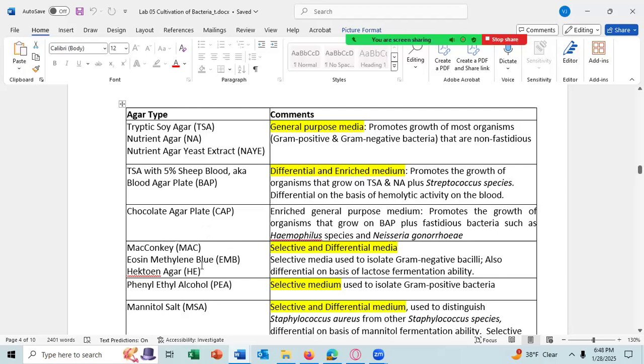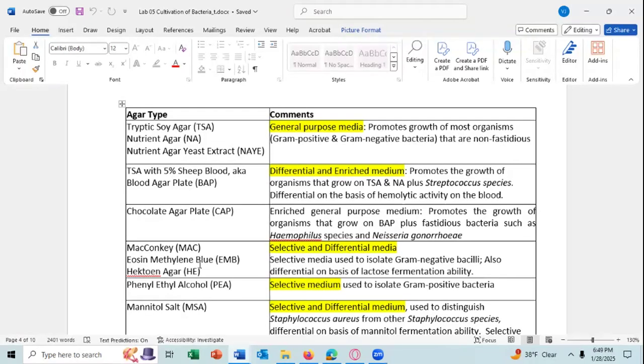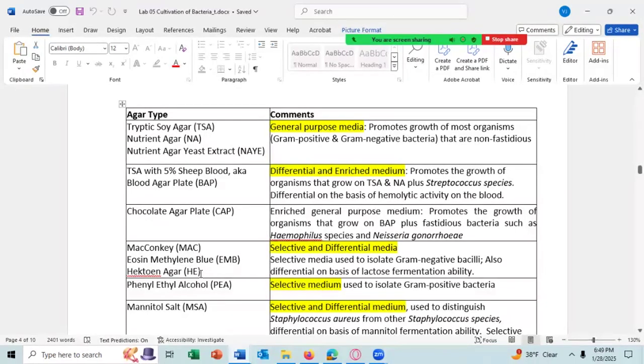EMB, or eosin methylene blue, if the bacteria can grow on the plate, meaning they're gram-negative, and if they can ferment the sugar lactose, then the bacteria will either look metallic green or a very dark, almost black color. And then if the bacteria are growing on HE or Hektoen agar, if it grows on the plate, that means it's gram-negative growth because the gram-positive is selected against.